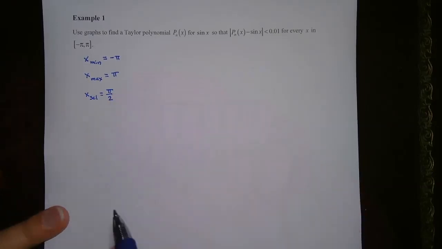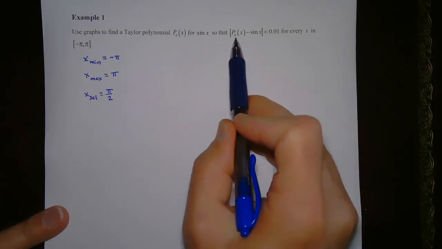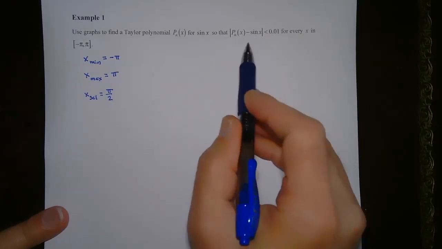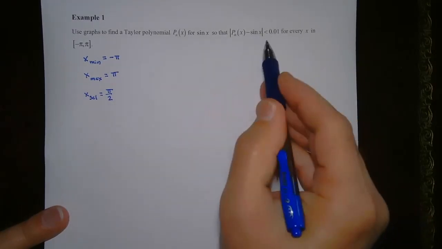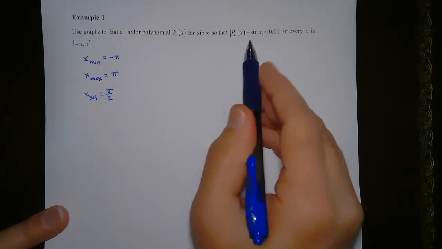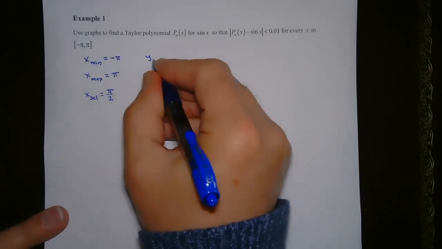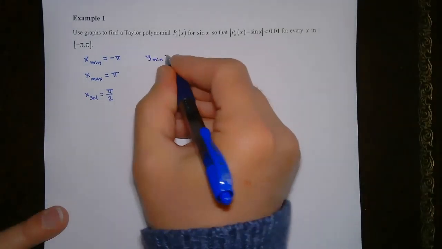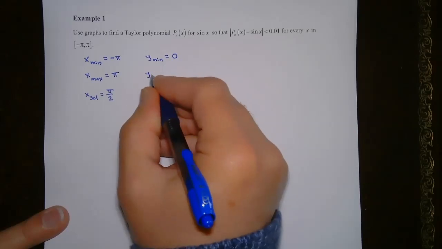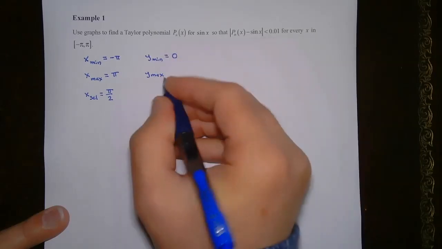And then we're going to look at the output for the difference between the Taylor polynomial and sine of x, and we want that output to be less than 0.01. The smallest this could be is 0, so we're going to set our y min equal to 0, and the biggest we want our y max to be is 0.01.